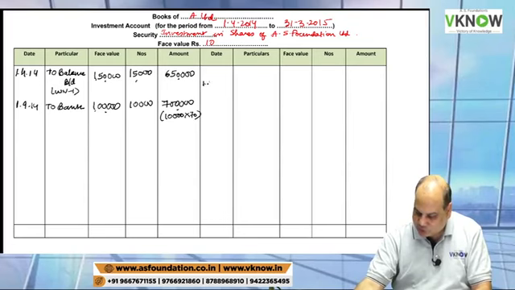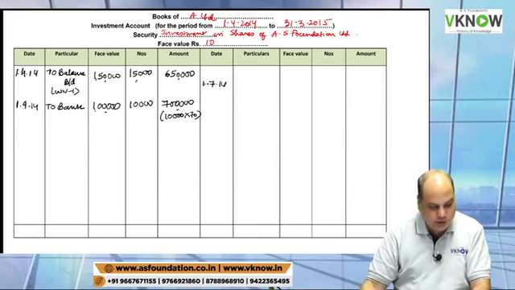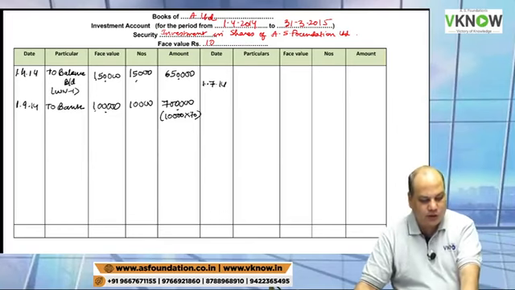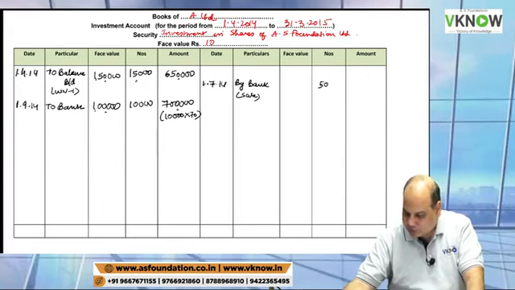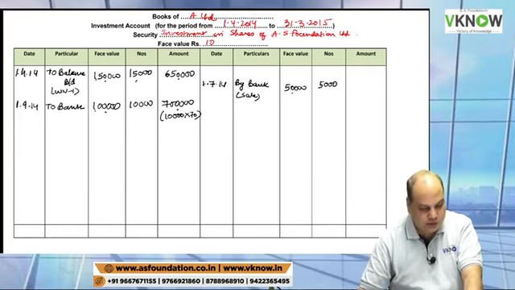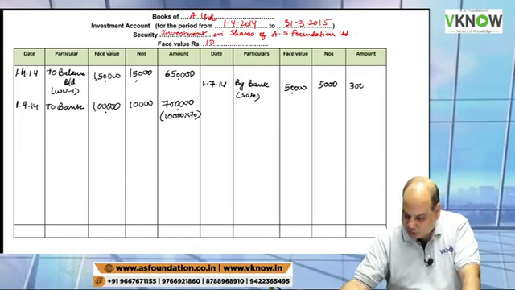On 1st July 14, 5,000 shares were sold. So I will write by bank, sale. 5,000 shares sold at the rate 60. So that is 3 lakh, 5,000 into 60.